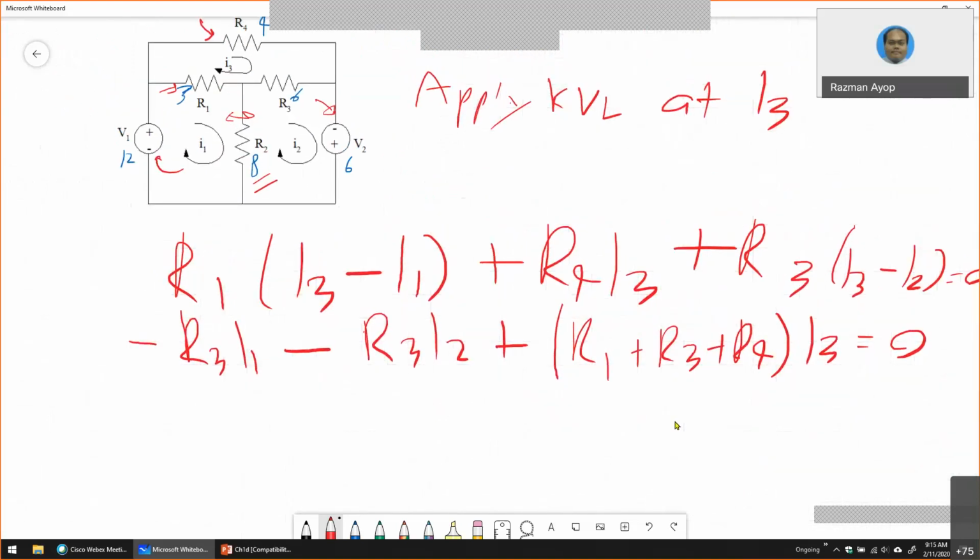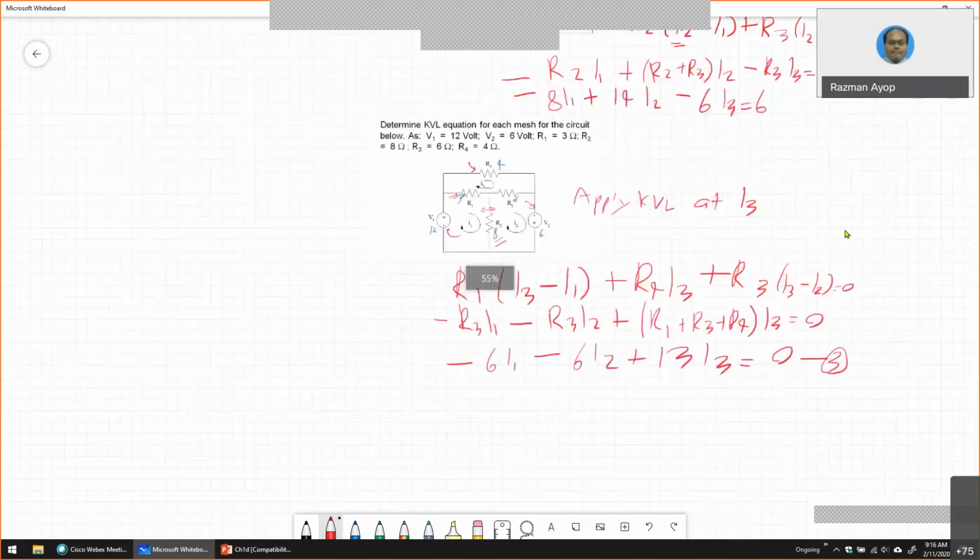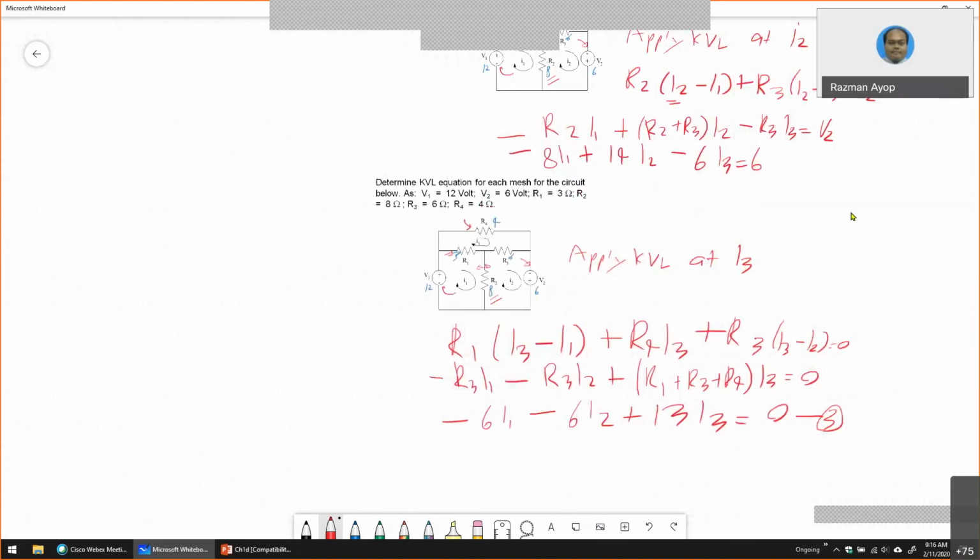Insert the values: negative 3 I1, minus 6 I2, plus 3, 6, 4, 13 I3 equals 0. So you get the third simultaneous equation.